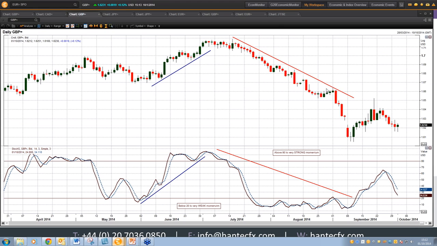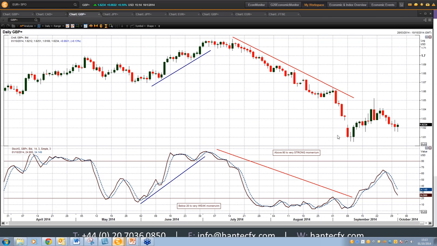Throughout this downtrend in sterling, this is actually in the past couple of months, throughout this period of negativity in sterling, we've had the stochastics through that time, majority of that time below 20. That suggests incredibly weak and bearish momentum, and subsequently when it crossed back above 20, you start to think about that being a turnaround.